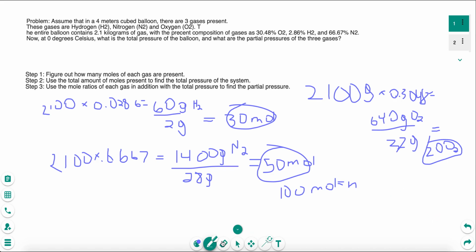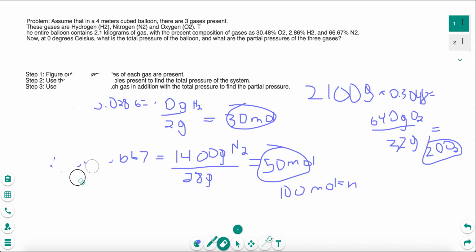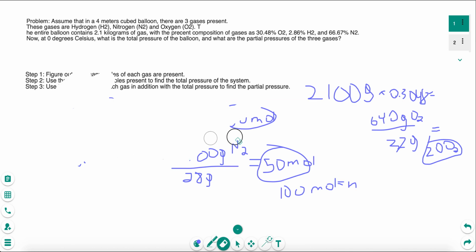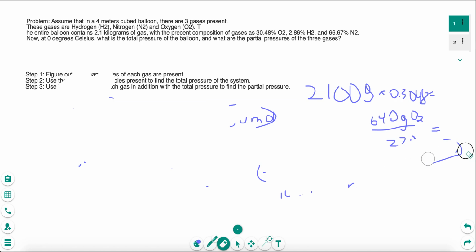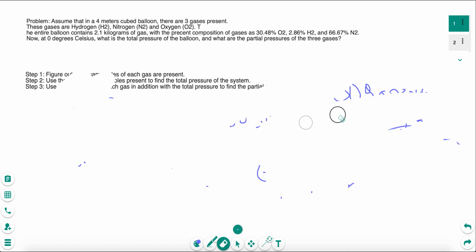So now I'm just going to erase all this. Oops. I accidentally erased my instructions.